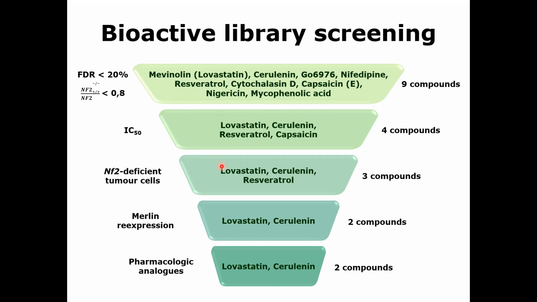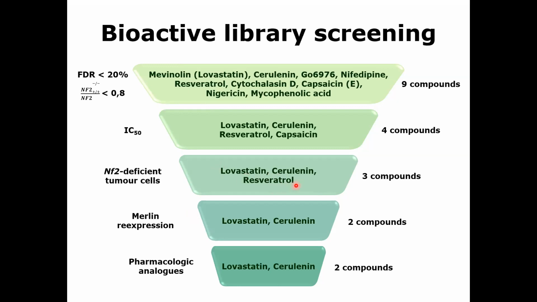We next tested the compounds on NF2 deficient tumor cells, on mouse schwannoma and rat schwannoma, to make sure that these drugs also work on naturally occurring NF2 associated tumors. And these left us with 3 drugs. Then we re-expressed Merlin in the model cells and found out that only lovastatin and Cyrilline lost their effect.